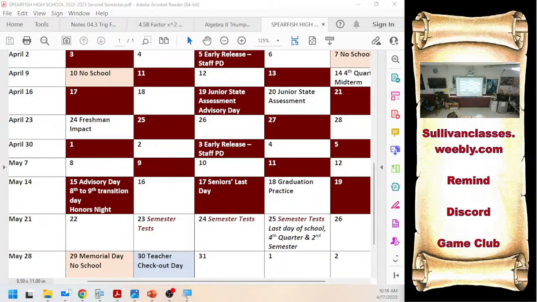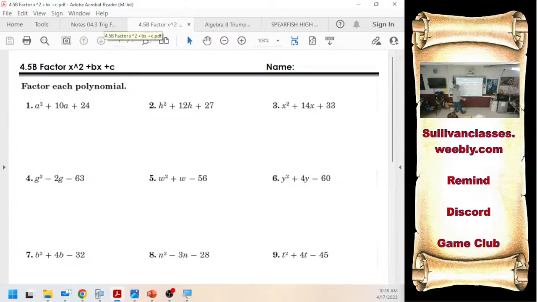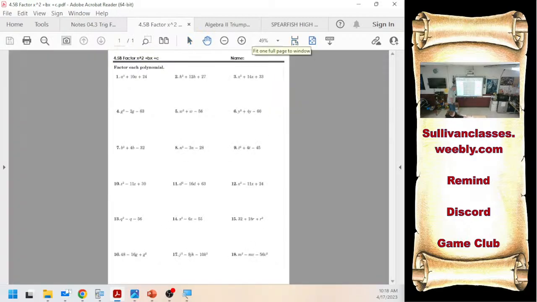So, then, next to section 4.5, we got some practice, right? On that page, I see 18 problems. And I see less than 18 students.